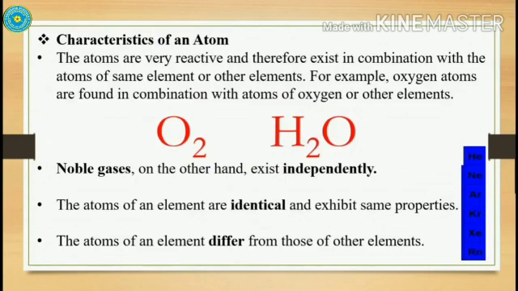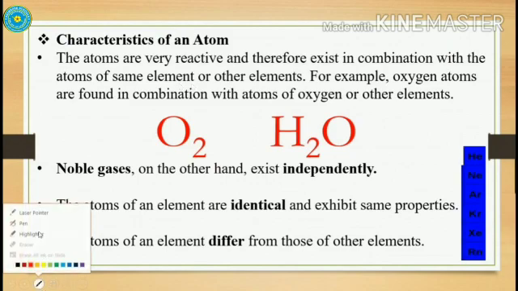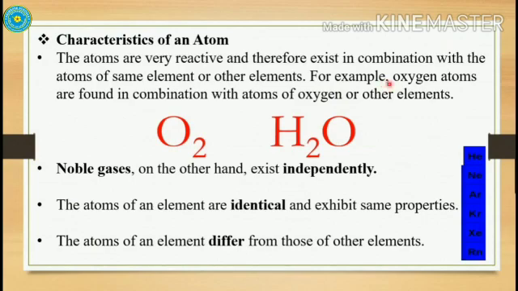Characteristics of an atom. Atoms are very reactive and therefore exist in combination with the atoms of the same element or other elements. For example, oxygen atoms are found in combination with atoms of oxygen or other elements.